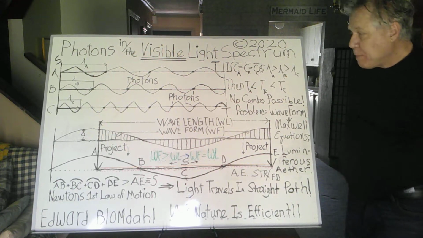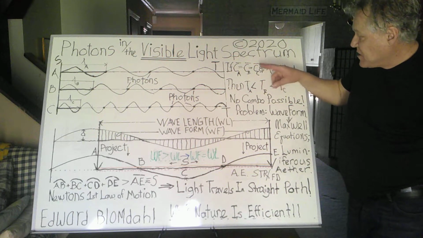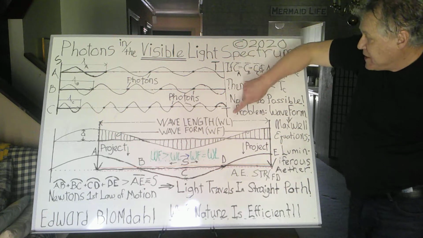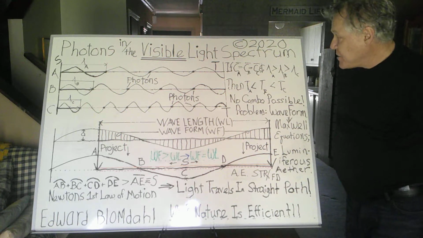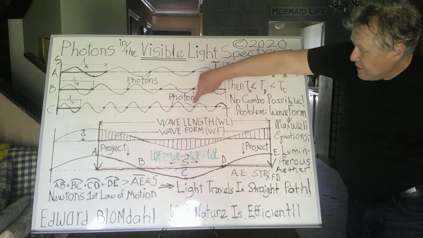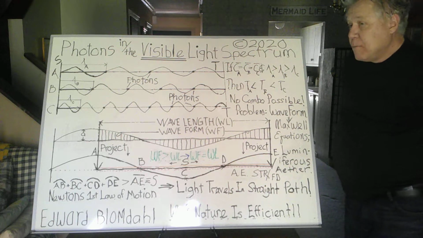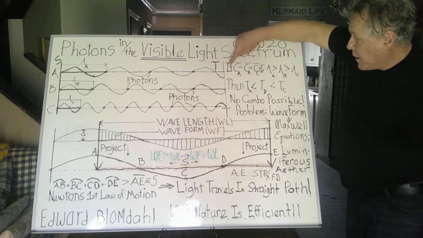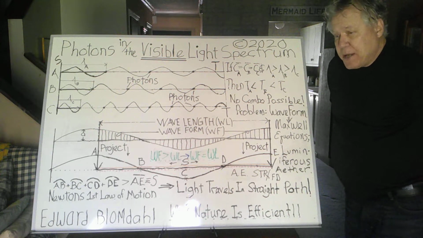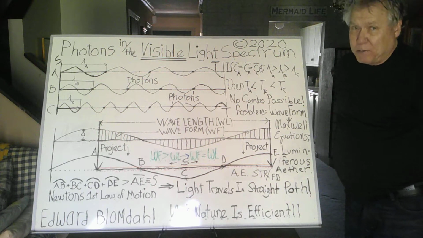It turns out, if you think about it, that there is no combination of C and lambda and time that you can work out to make any of these work. You can change the speed of light, so to make up for the longer distance, this has a higher speed of light, this less so, and this even less so. Then it might work out where they all come to the T line at the same time, but then the constant speed of light is not constant, and obviously there's a problem there.